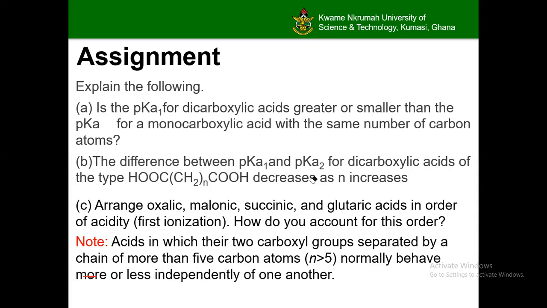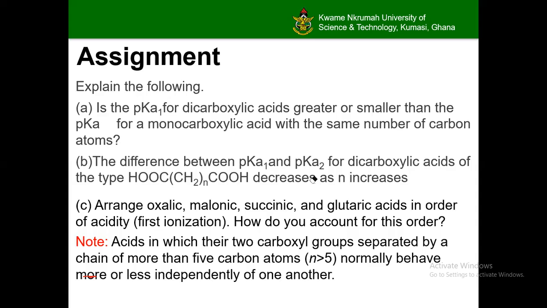Very simple, right? Good. And then we are accounting for the acid enhancing ability of one carboxyl group against the other, and then the increase in chain length, right? Because always in the pKa1, one carboxyl group should enhance the acidity of the other carboxyl group, but the effect of one carboxyl group on the other one will decrease as the chain length increases.